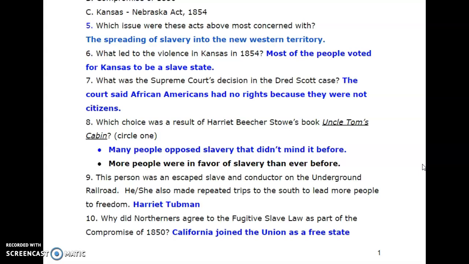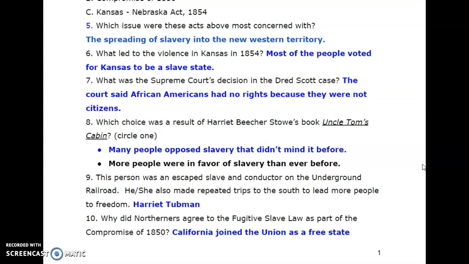Number 9, this person was an escaped slave and conductor on the Underground Railroad. She also made repeated trips to the South to lead more people to freedom, and of course that's Harriet Tubman. Number 10, why did Northerners agree to the fugitive slave law as part of the Compromise of 1850?